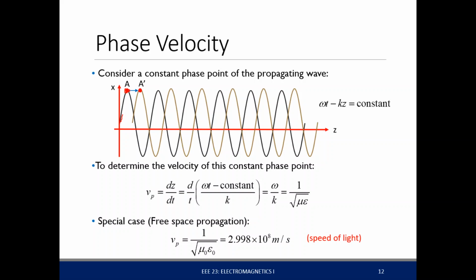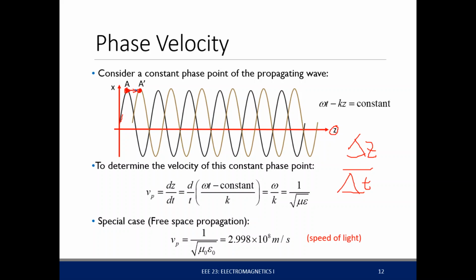In this case, it travels along the z direction. So our point here traveled some distance delta z after some time delta t. So we want to know delta z over delta t, or plainly, the derivative of z with respect to time.